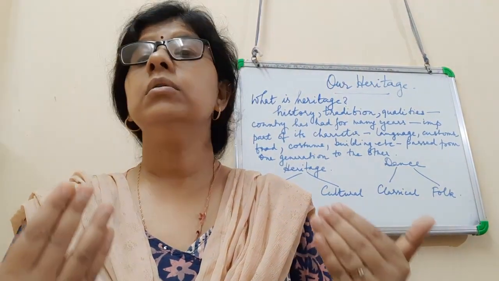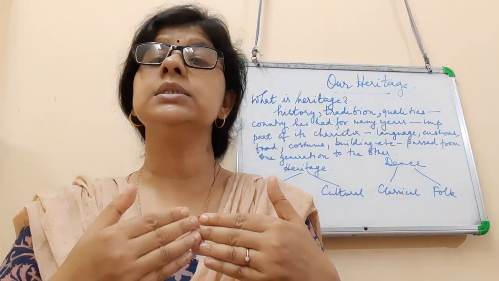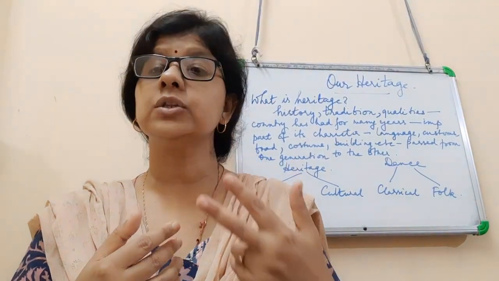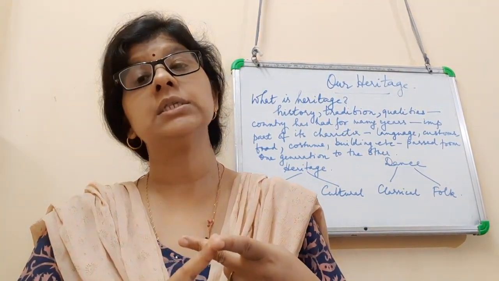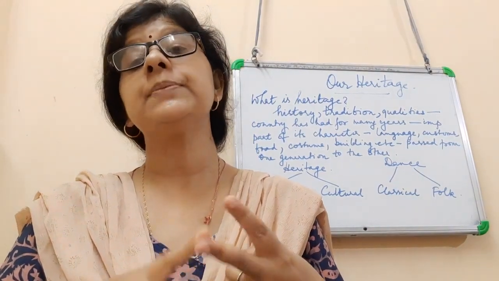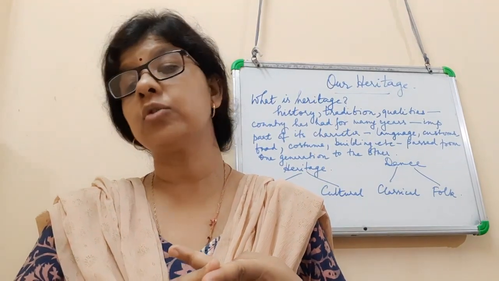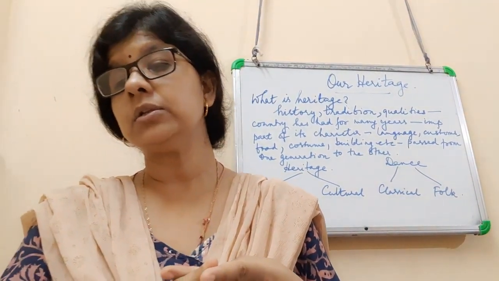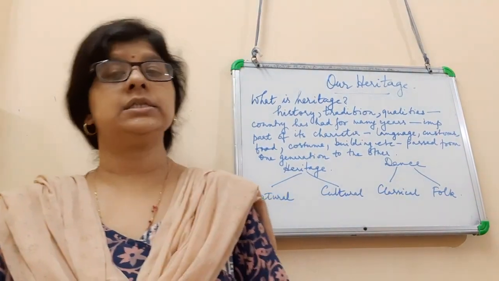So how are dances of India classified? They are classified into two: one is the classical dance and the other is the folk dance. Many of the classical dances originated in the temples, and folk dances are performed by a group of dancers on special occasions like marriage, festivals, social gatherings, etc.